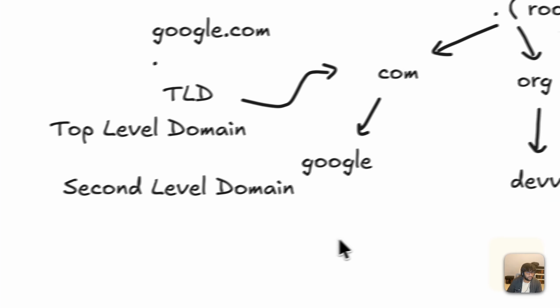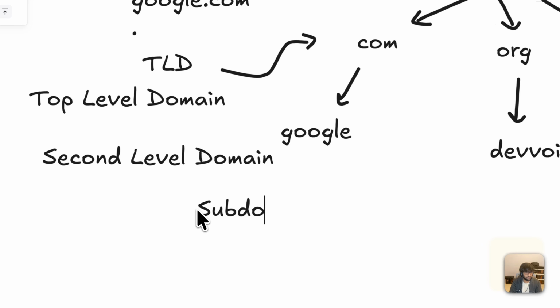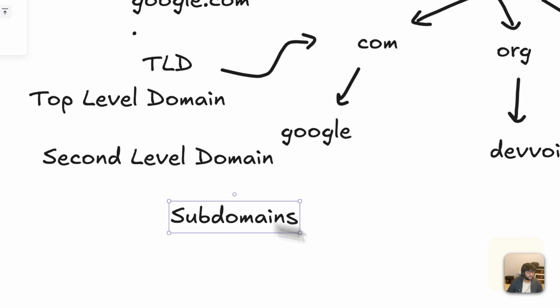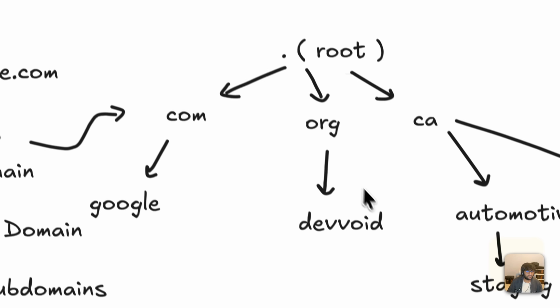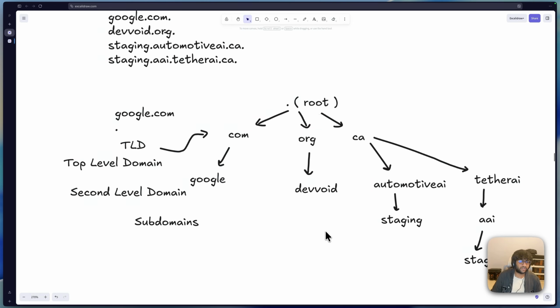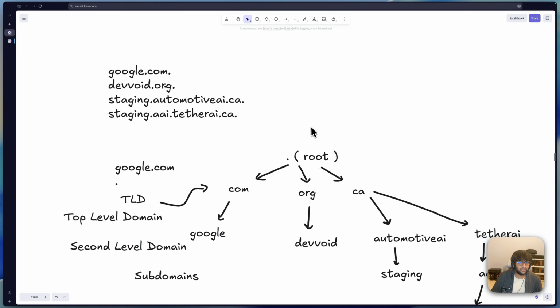Everything below that is usually called subdomains. This is the hierarchy and structure that was proposed in DNS. One more naming convention to remember is that each one of these words, like google, com, DevVoid, org, staging, automotive, is also called a label.